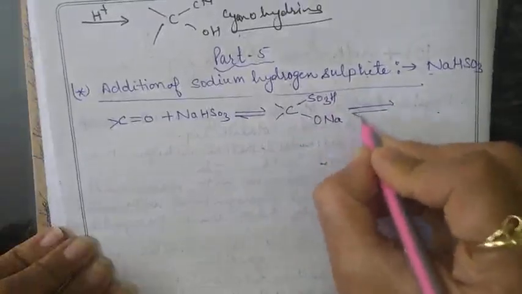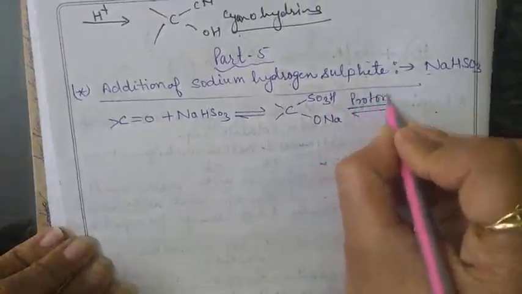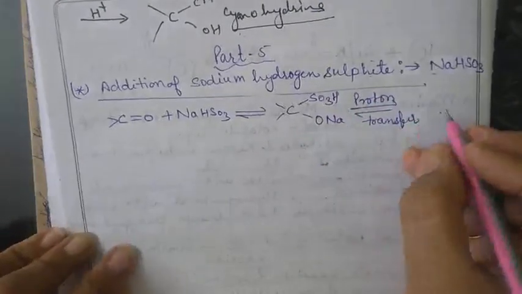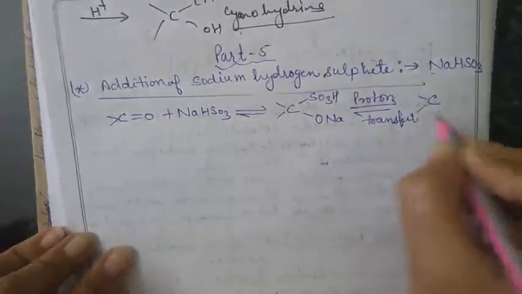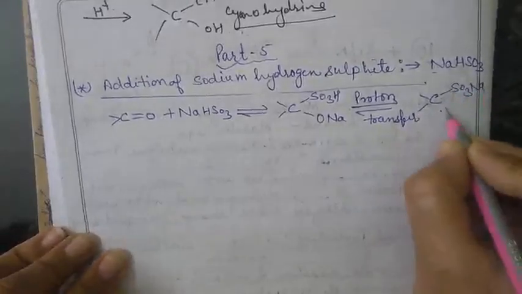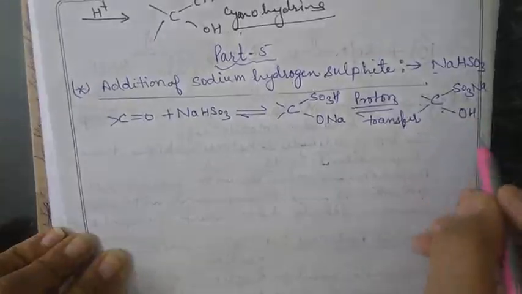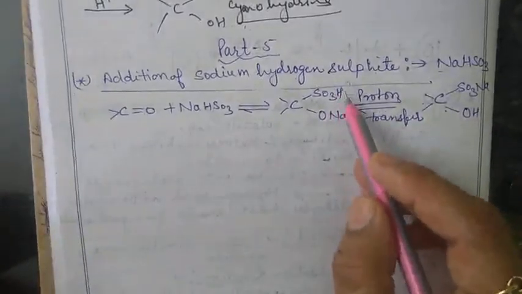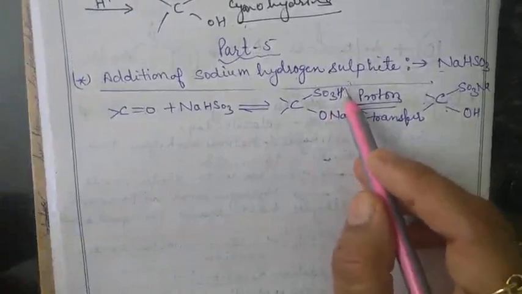In the next step, the proton transfer takes place and at last we get SO3Na here and OH here. What is the meaning of proton transfer? Here the proton is the H plus ion, so transfer of this H plus ion takes place.